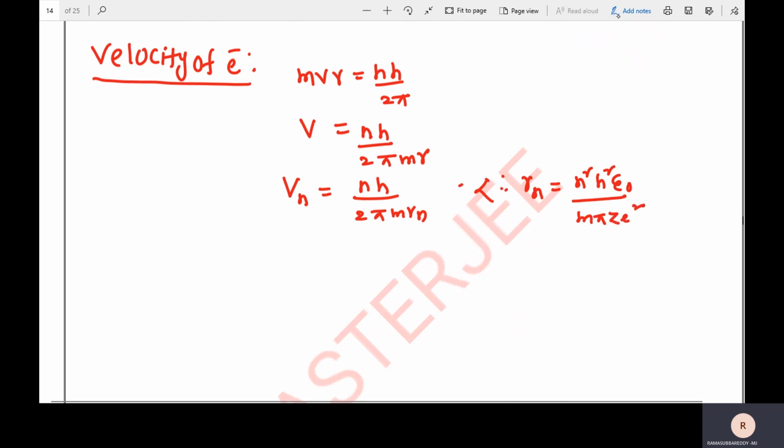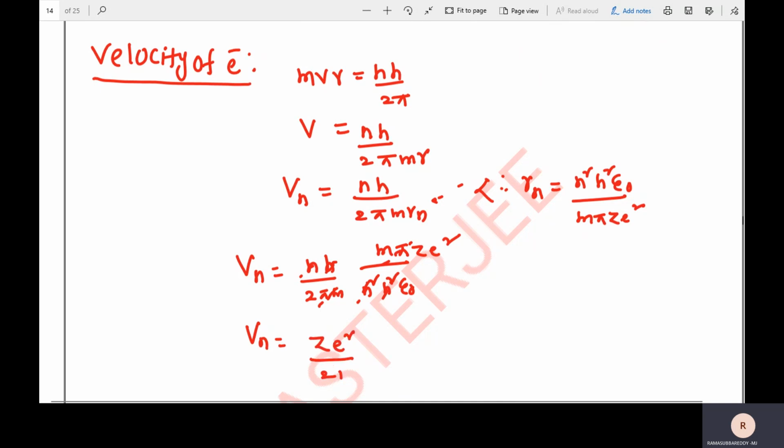Now we'll substitute here. Then our vn is equal to nh by 2 pi m times m pi Z e square by n square h square epsilon naught, so vn is equal to Z e square by 2nh epsilon naught. This is our velocity for the nth orbit.